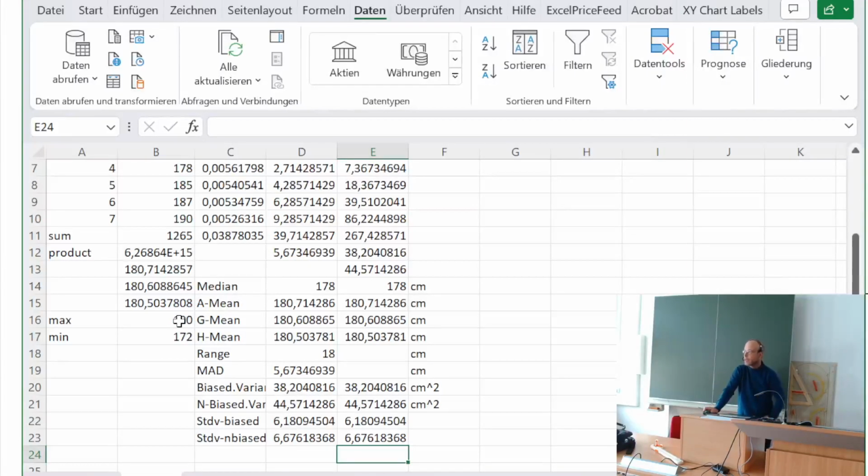Yeah, and now for the description of the dispersion, we can say 180 plus minus 6.2 or 6.7, if I choose the biased or unbiased variance.